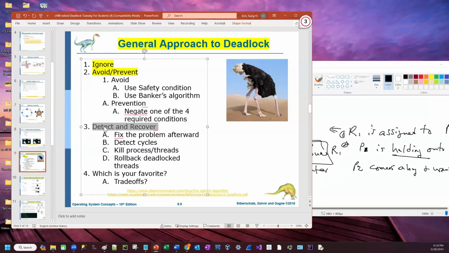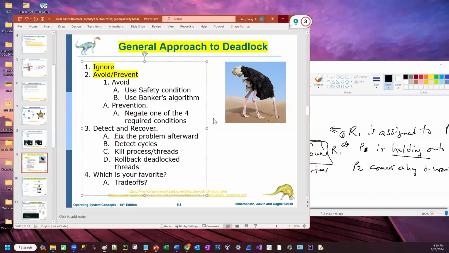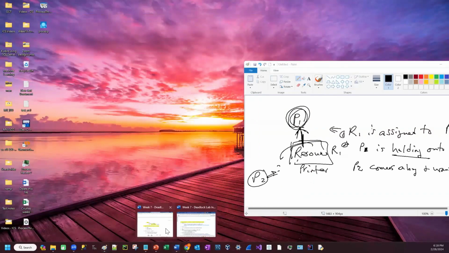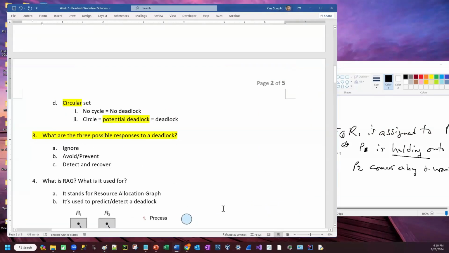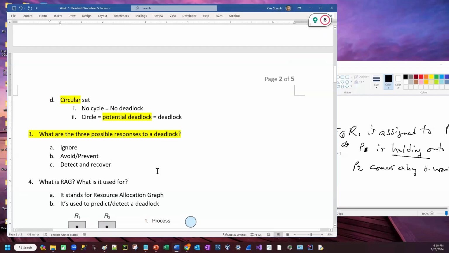But if you are just looking to see if you can detect it, and then concentrate on how to recover or get rid of it, right? So there are these three. Those are the three. Okay.